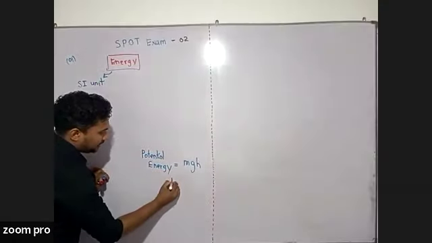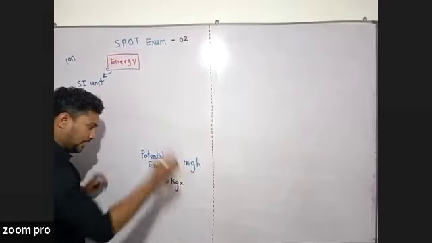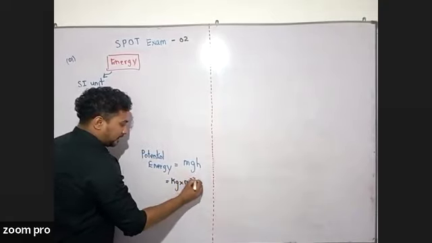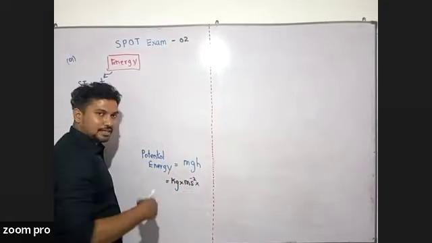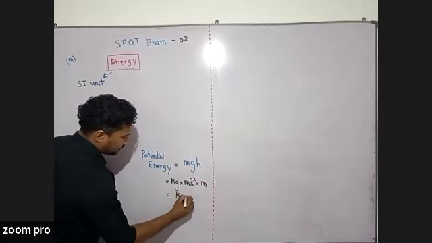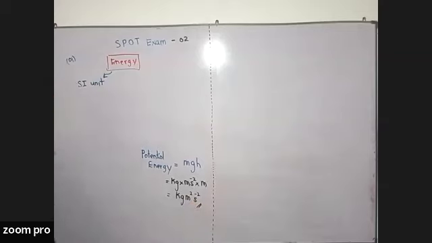Okay, let's substitute. m means kg, g means acceleration, so let's substitute the unit of acceleration. h means the height, so that means the length. So then this is the unit of potential energy, the SI unit of energy, right?